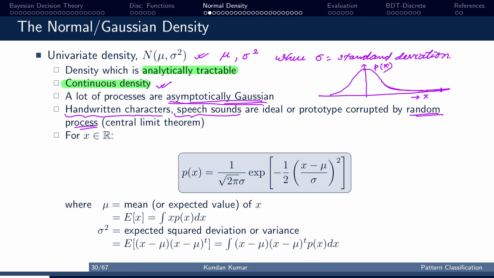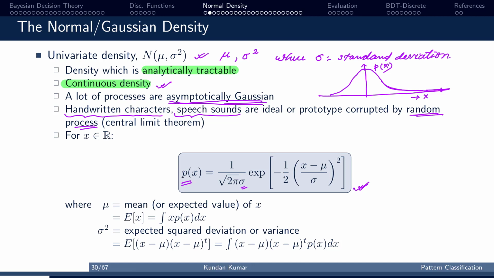So mathematically, the Gaussian distribution is written using this expression. P(x) equals 1 by root over 2 pi into sigma, where sigma is the standard deviation, into exponential of minus 1 by 2 into (x minus mean divided by standard deviation) whole square.